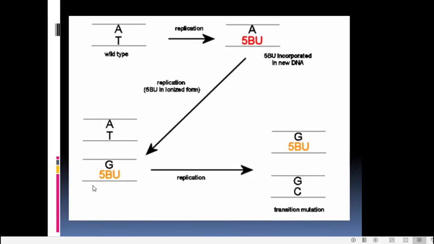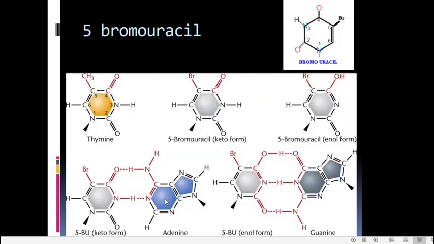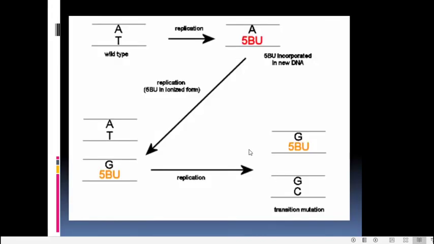So during the next replication, instead of pairing with adenine, it will pair with guanine, as we know that the enol form base pairs with guanine. So here, in the next replication, when this strand acts as a template, it is guanine which comes and incorporates here. And here normally thymine will come and get incorporated.